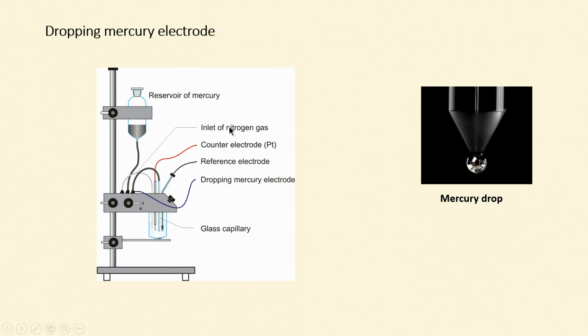So, this is basically the arrangement of the dropping mercury electrode, and this is the picture of the mercury drop that is being formed and just about to fall down. I have just put it for curiosity.